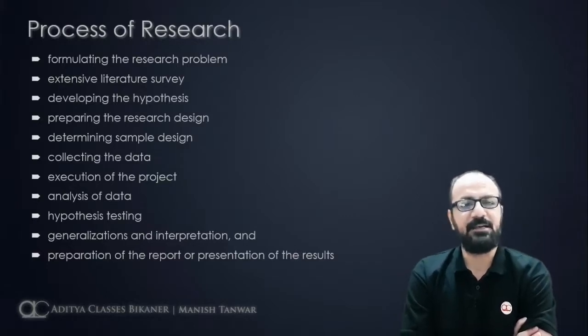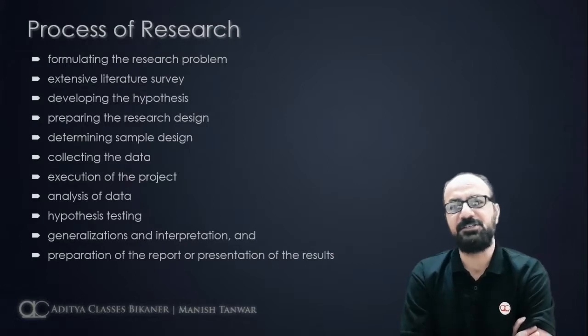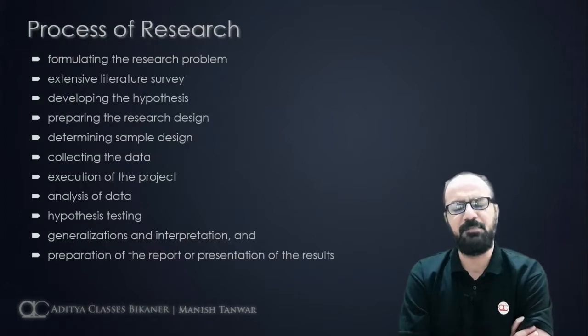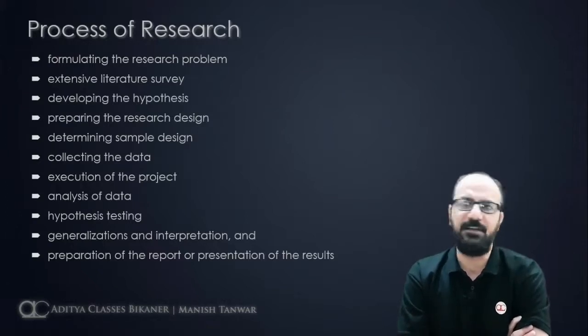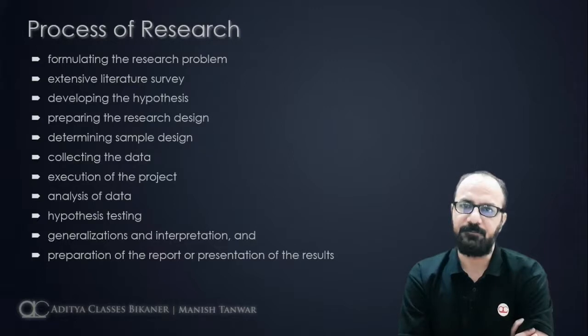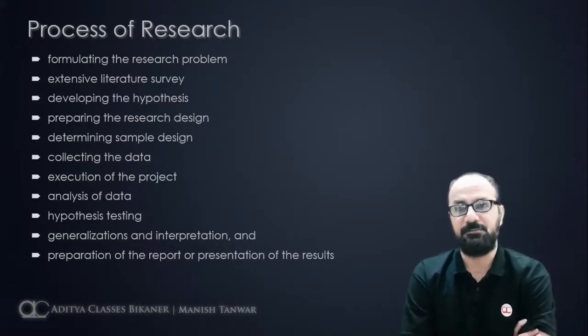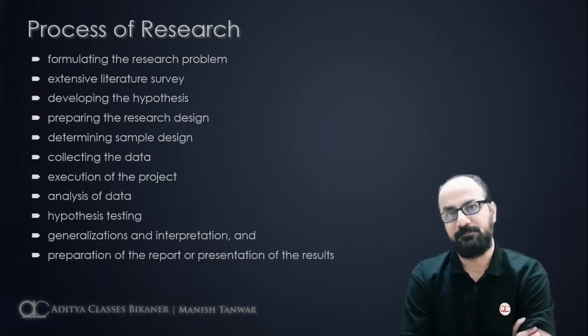Second one would be extensive literature survey, developing the hypothesis. Extensive literature survey is an essential, very important step which the majority of researchers take very lightly. This is such an important step that literally this is the step that tells you what your problem is.